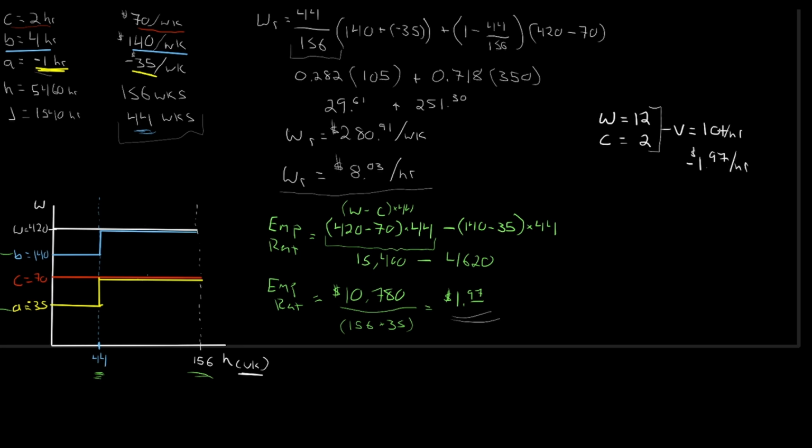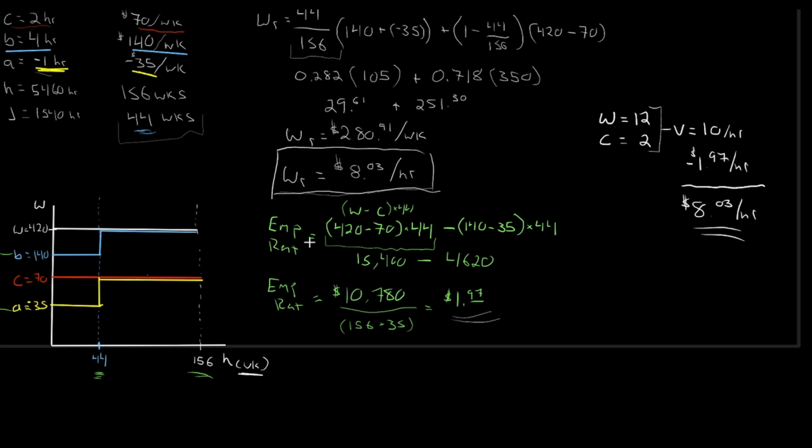The benefit that I get from working over my alternative of being unemployed, $10 minus $1.97 is, drumroll, this is the exciting part, $8.03 an hour. So in this case, the benefit net of the employment rent gives us $8.03 an hour. That is our reservation wage.